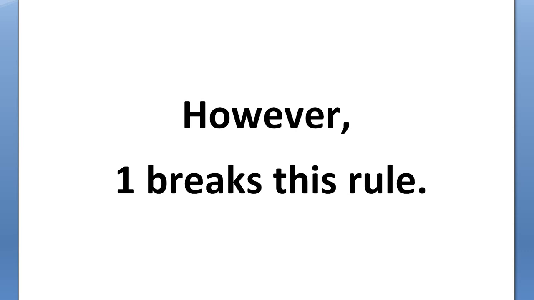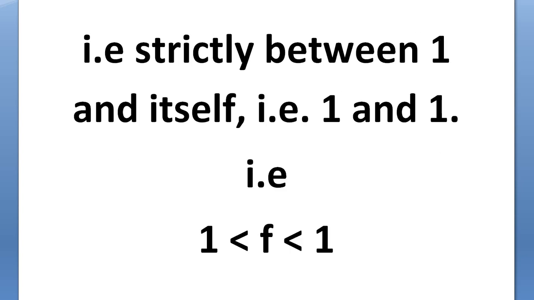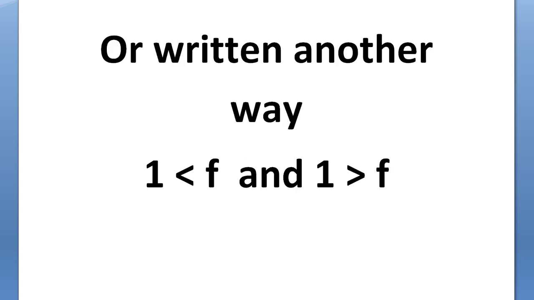However, 1 breaks this rule. For 1 to be composite, it must have a factor f not equal to 1 or itself, i.e. strictly between 1 and itself, i.e. 1 and 1, i.e. 1 is strictly less than f, strictly less than 1. Or written another way, 1 strictly less than f and 1 strictly greater than f.